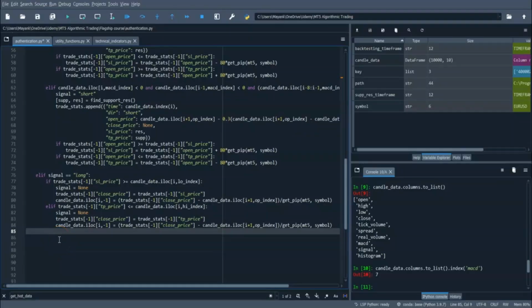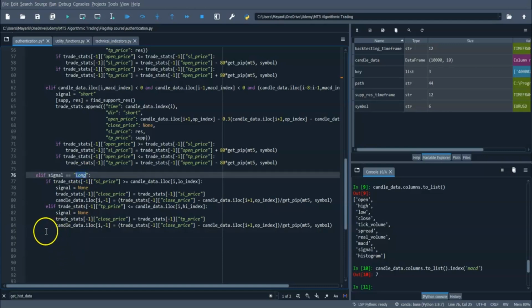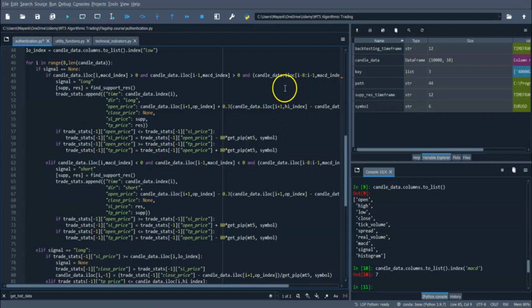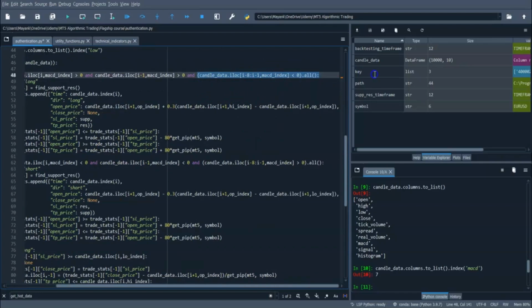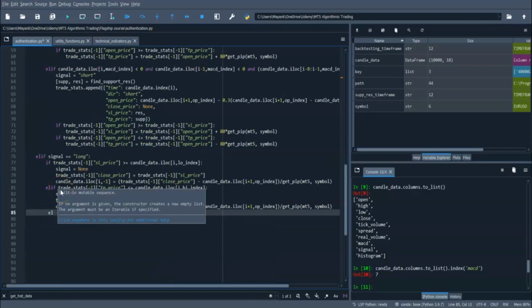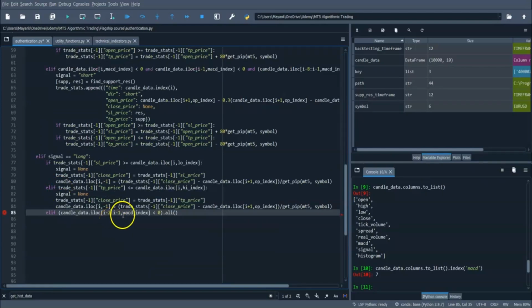And actually, I'll not just do it for one MACD value turning negative, because one can be a coincidence. But if two consecutive values are negative, then we will exit our long position. So we'll have to check the last two MACD values, and we've already done something like that. So let me copy this command here and put it here. So elif, we'll check the last two MACD values.